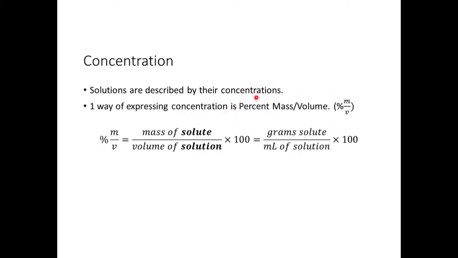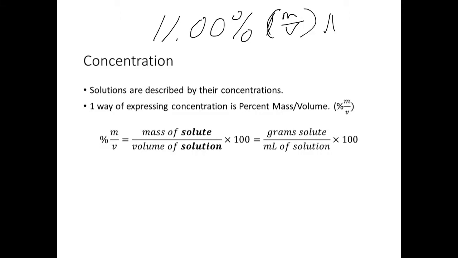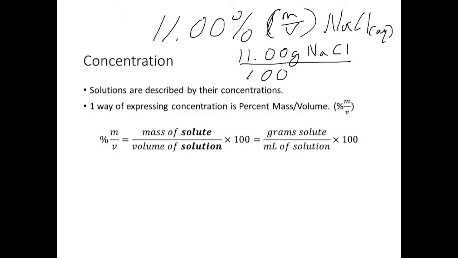When you're reading a book and you come across something like the solution was 11% mass volume, sodium chloride aqueous, what they're telling you is that your solution is 11 grams of sodium chloride in every 100 milliliters of solution.